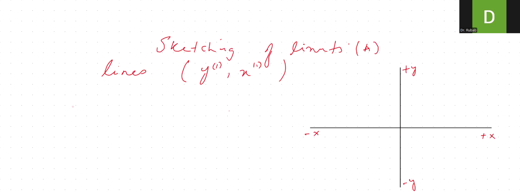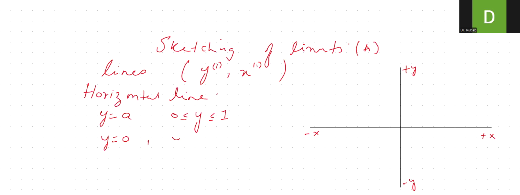First of all, we have horizontal lines. The horizontal lines are y equals a constant, right? For example, you are given a limit from 0 to 1. It means this is 0 and this is 1. So we see y = 0 or y = 1 is a horizontal line.